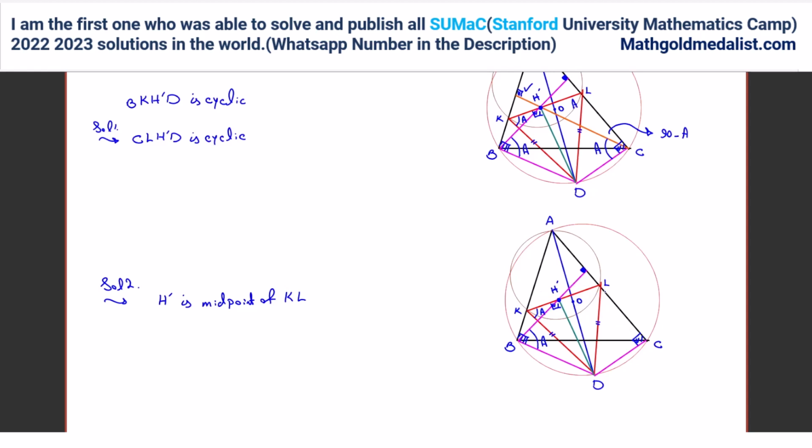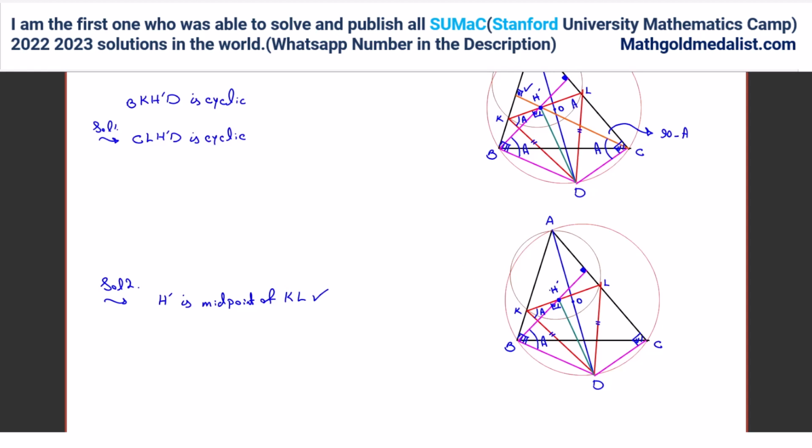right? Okay. That's just because it's symmetrical for B and C. Exactly, because the midpoint of KL is not related to B. Exactly, if you draw the altitude of C, you can use exactly the same thing. Similarly, right? Right. And H prime as the midpoint of KL is not related to B or C, right?